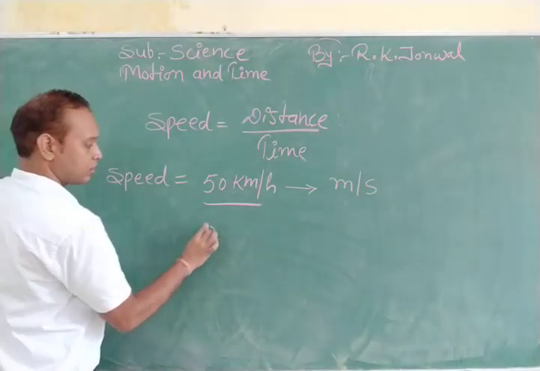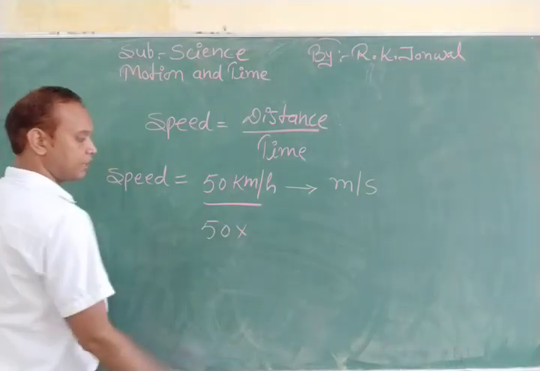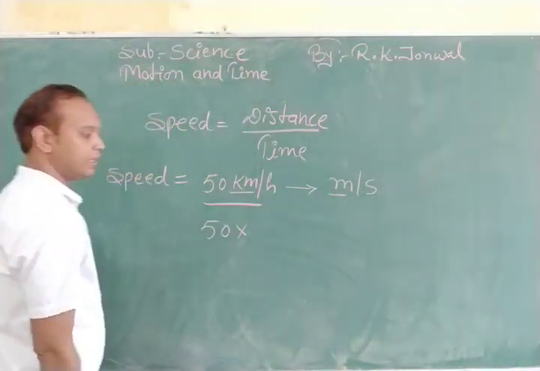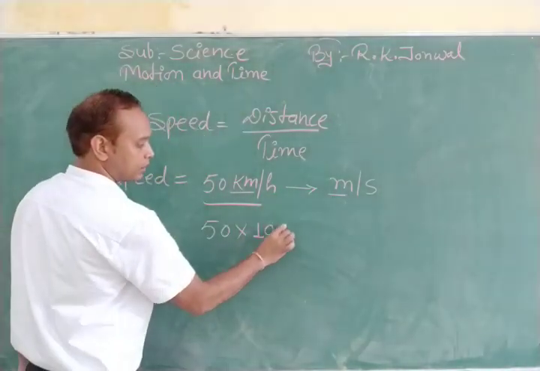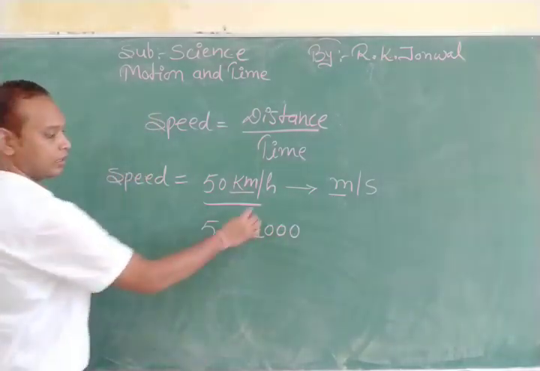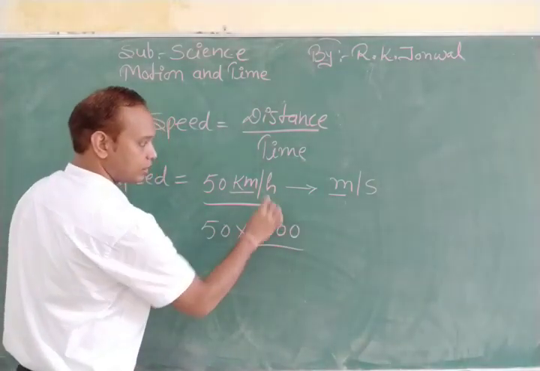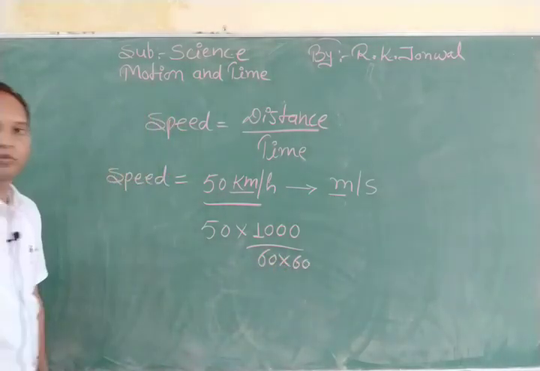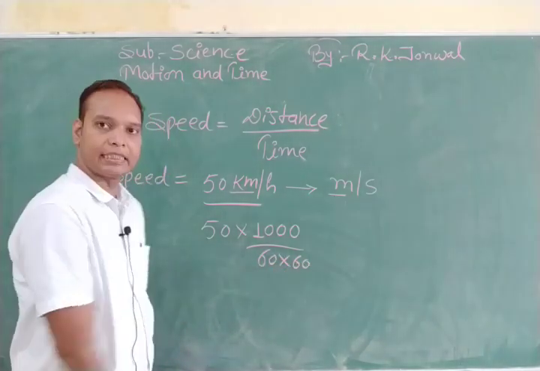First, 50 multiplied by 1000, because in 1 kilometer there are 1000 meters, and the hour is 60 into 60, or we can say 3600.